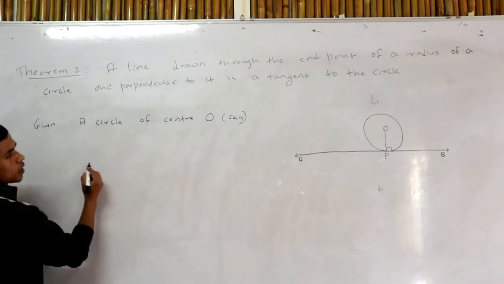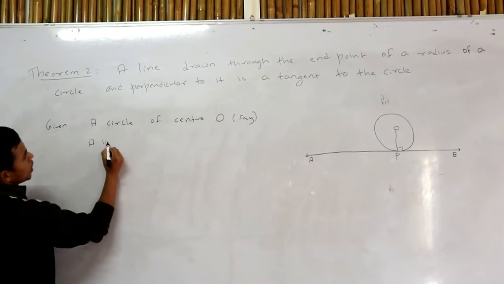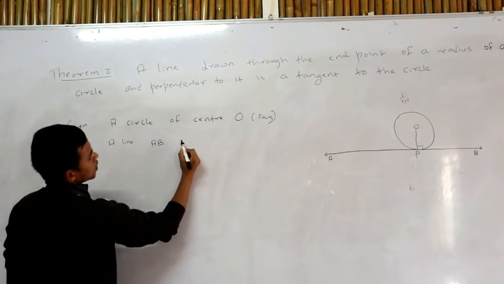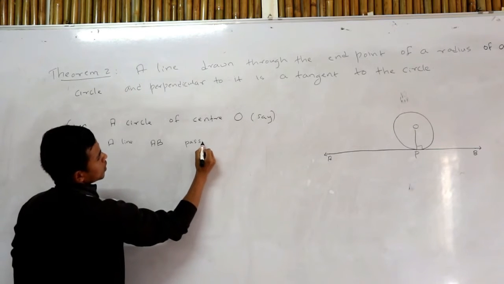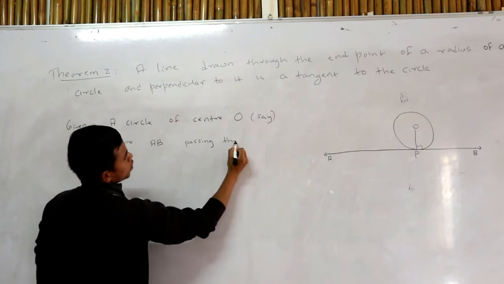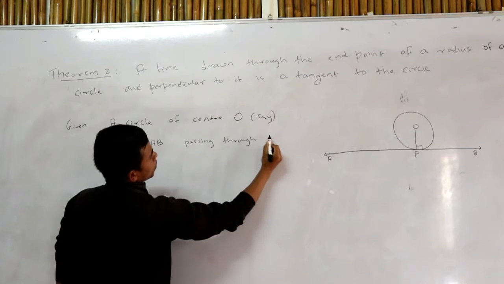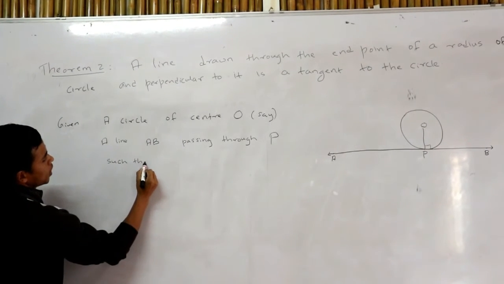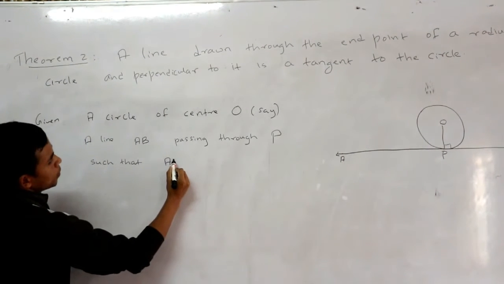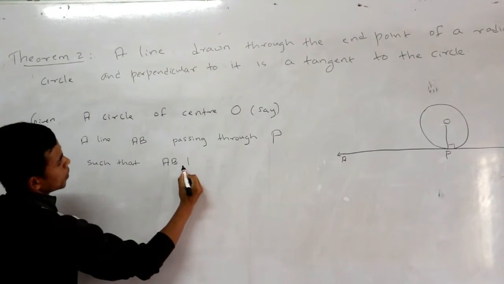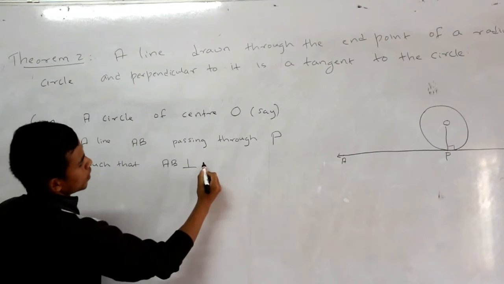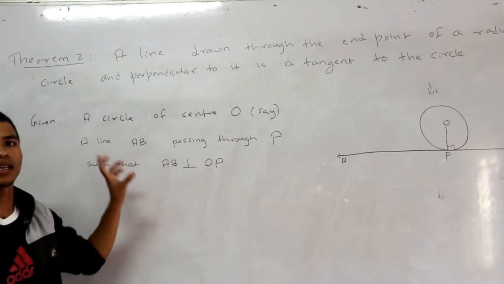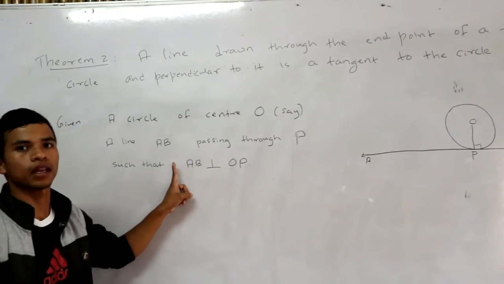So a line AB passing through P such that AB is perpendicular to the radius. This is what is given in the statement.